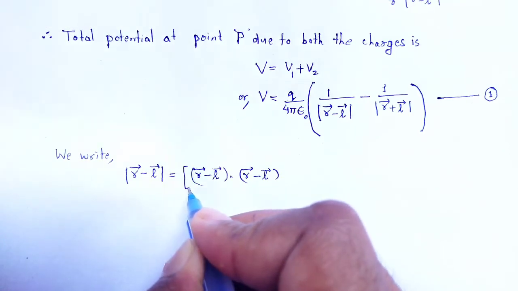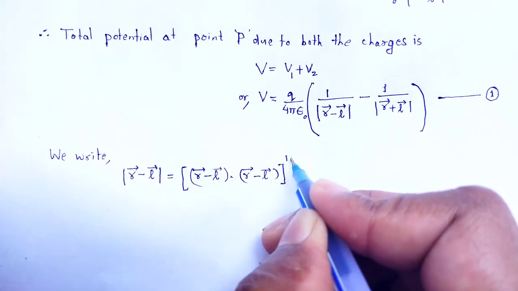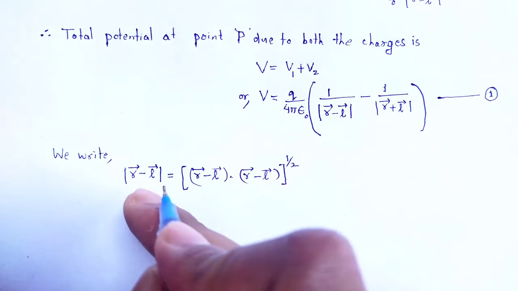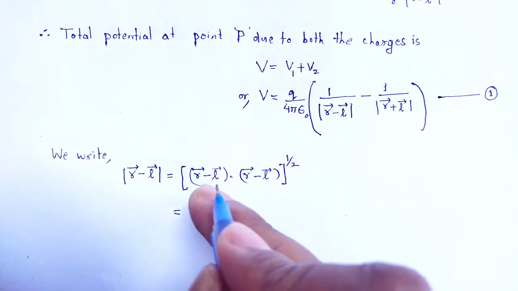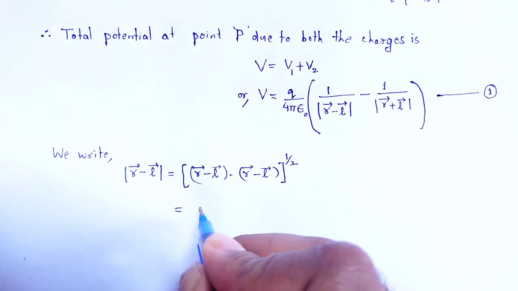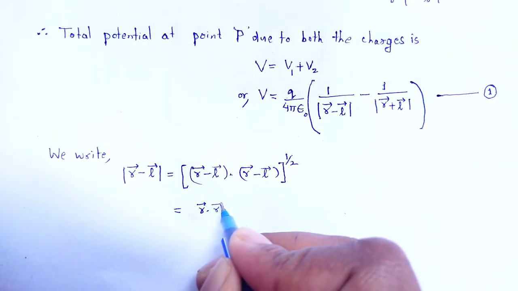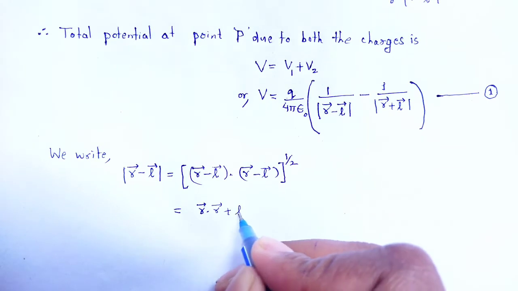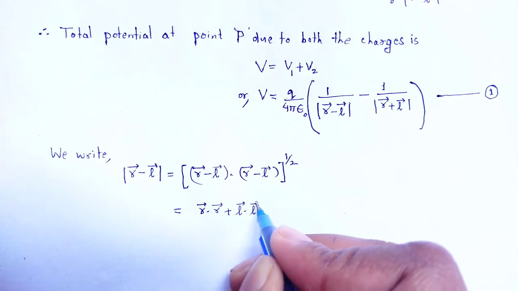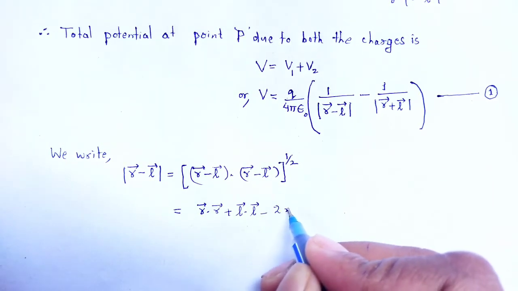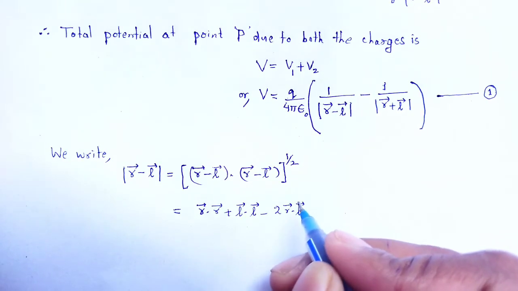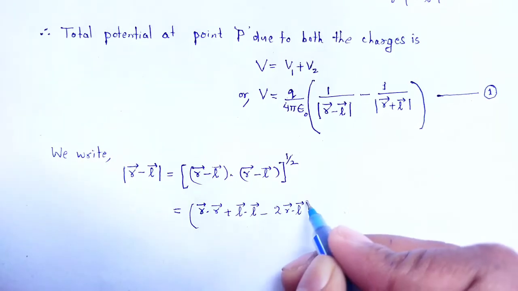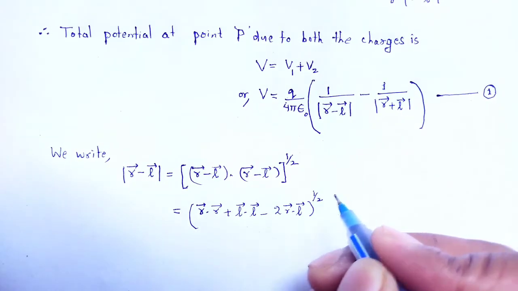Inside that bracket we have r dot r plus l dot l minus 2 r dot l, to the power half.